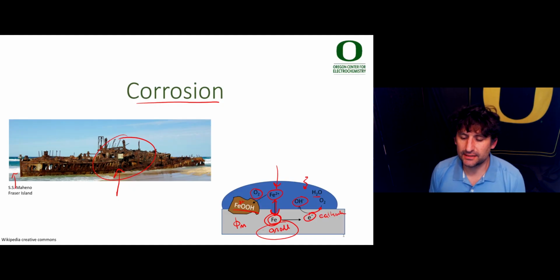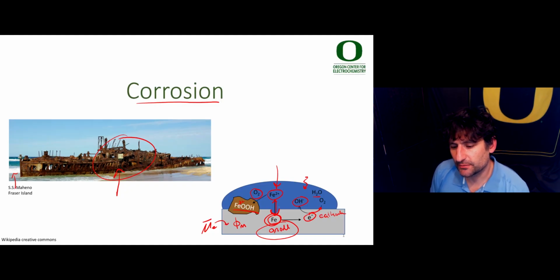It's going to be sitting at some roughly constant electrochemical potential, thus, of electrons here. And that potential is determined by, in fact, the rates of the anode oxidation reaction and the rates of the cathode reduction reaction. In this case, the iron is redepositing as solid, and that's the orange rust you see here.